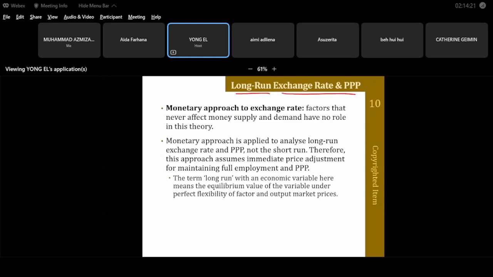When we say long run, we mean that the price and the exchange rate can change from time to time in order to maintain PPP. Whenever the purchasing power parity is violated, the exchange rate is allowed to change immediately, followed by the price, or vice versa, in order to restore PPP again.